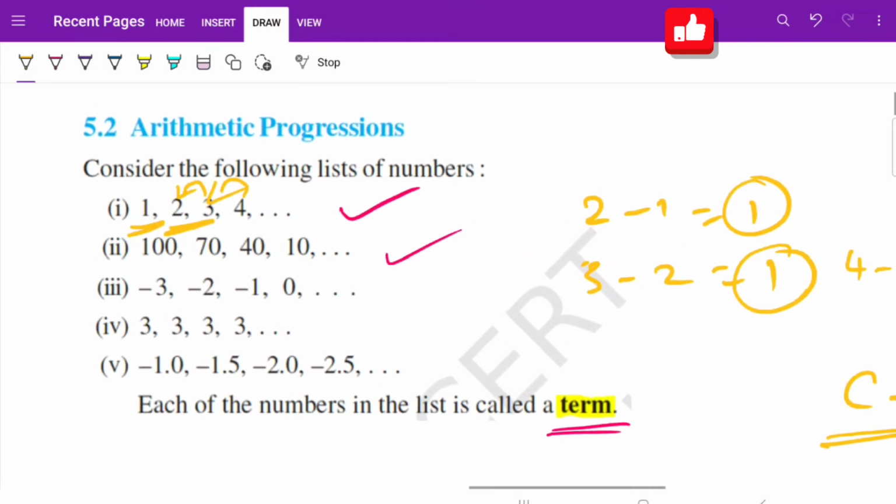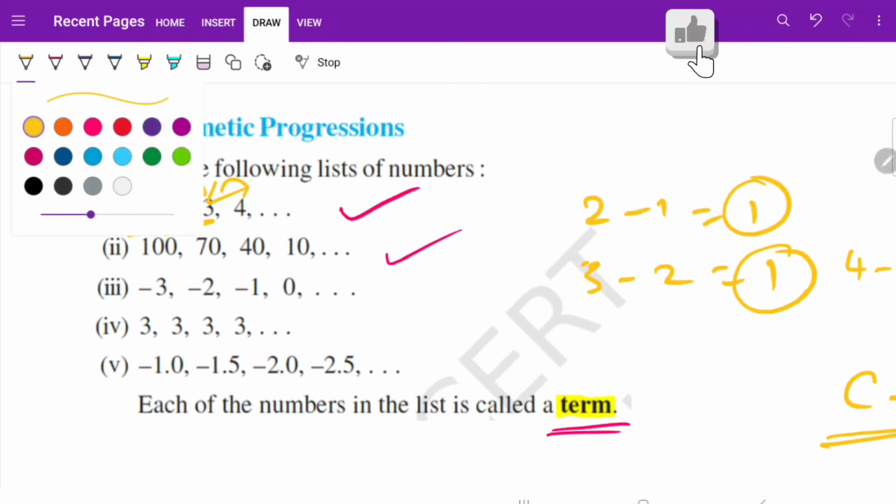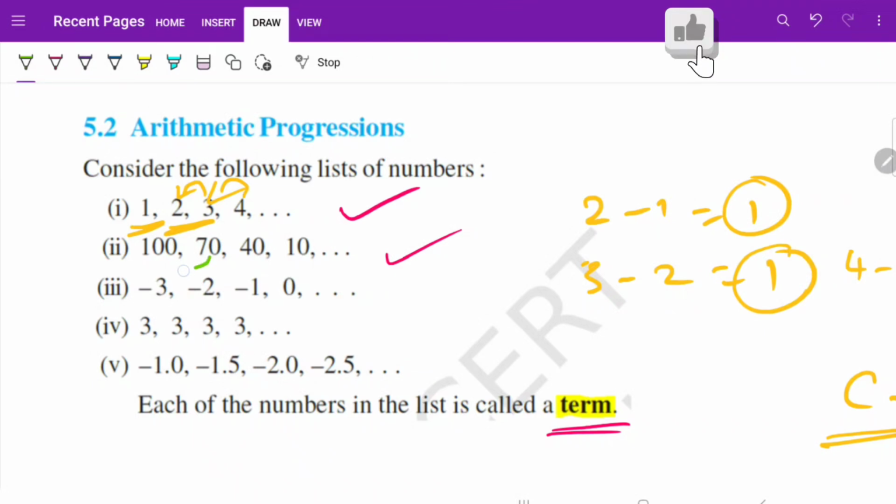For example, in the second series here, 70 minus 100, second term minus first term, is minus 30.